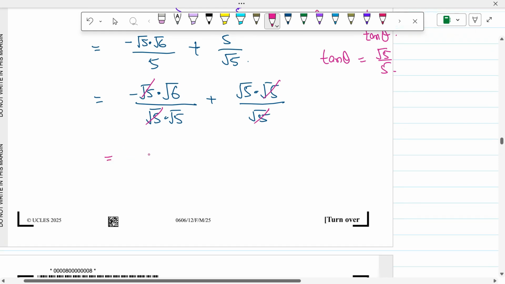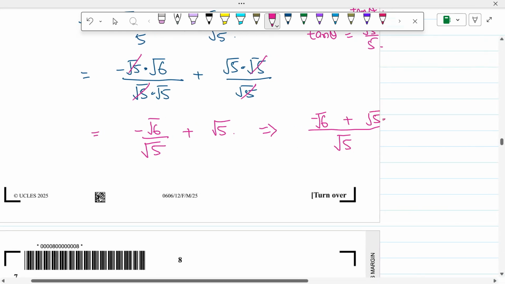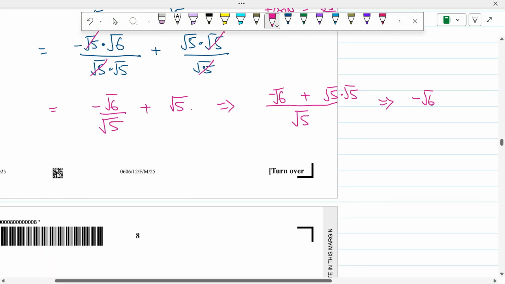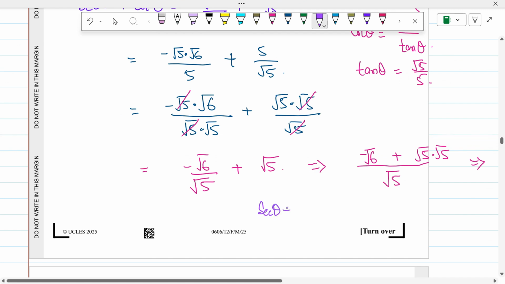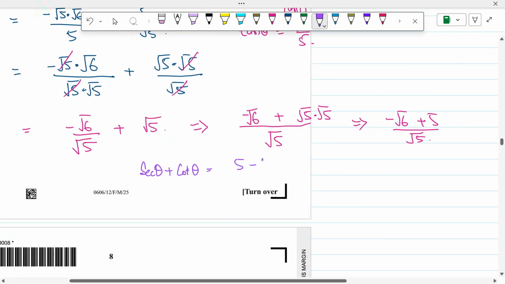So we will have negative root 6 over root 5 plus root 5. Taking LCM, we will have root 5 in the denominator and negative root 6 plus root 5 times root 5. So further solving, we will have negative root 6 plus 5 over root 5. Secant of theta plus cot of theta is equal to 5 minus root 6 over root 5.